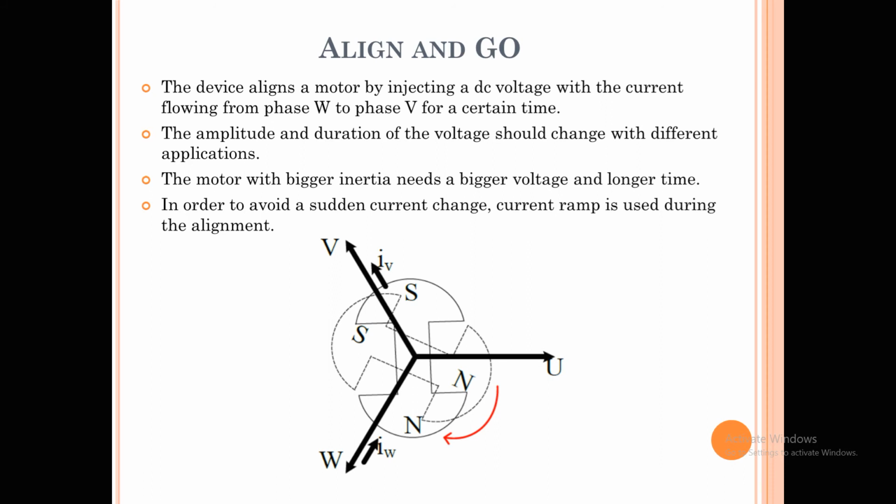Usually the voltage is already decided, and for that voltage most motors will start with a certain sequence. When you select this align and go option, your motor will usually spin in reverse, or sometimes forward.